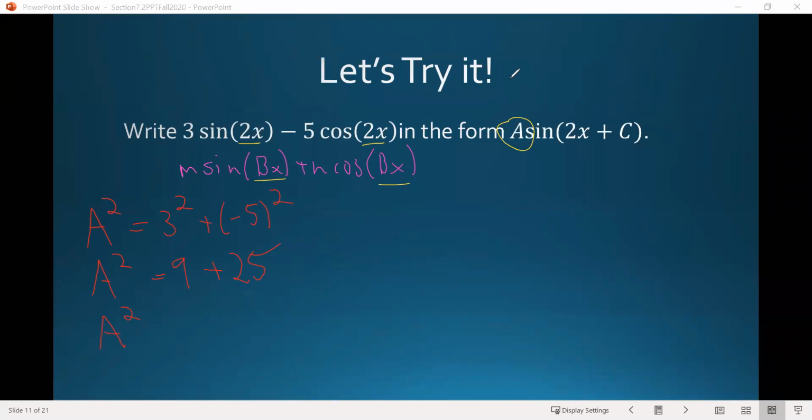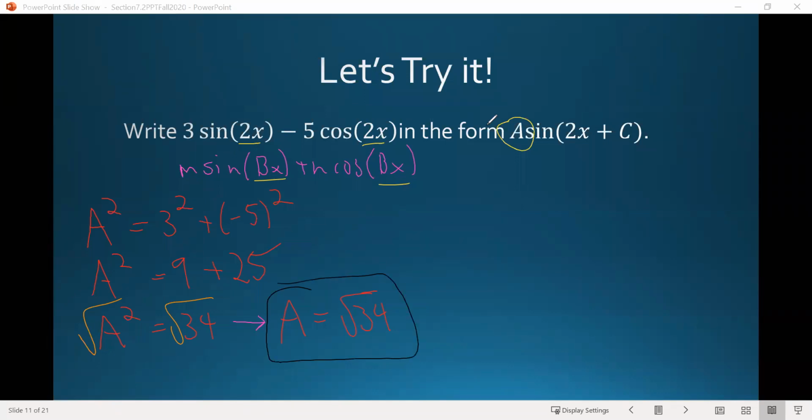We have a squared equals 34. We solve by taking the square root on both sides. We're only going to worry about the positive value for a, not the negative version. So a equals positive root 34. There's our value for a.